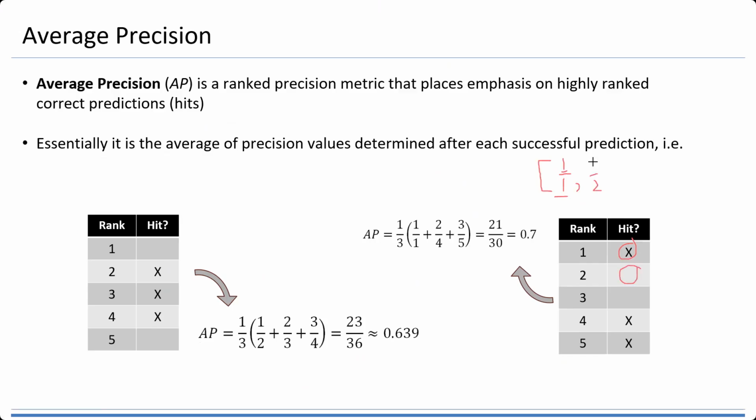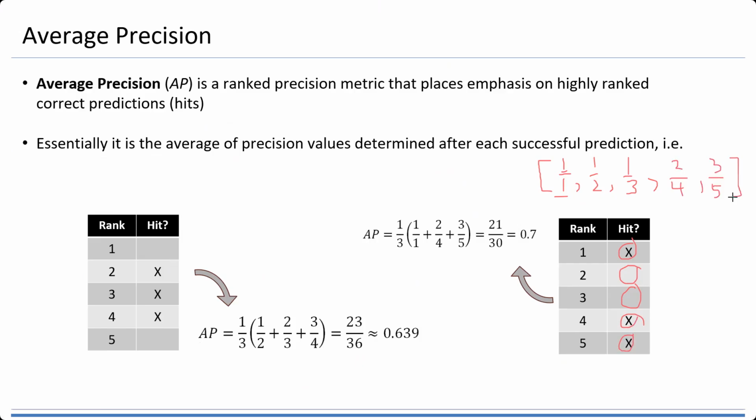Among 2 items, 1 has been hit. The third? Among 3 items, 1 has been hit. This one? Among 4 items, 2 have been hit. And this one? Among 5 items, 3 have been hit.